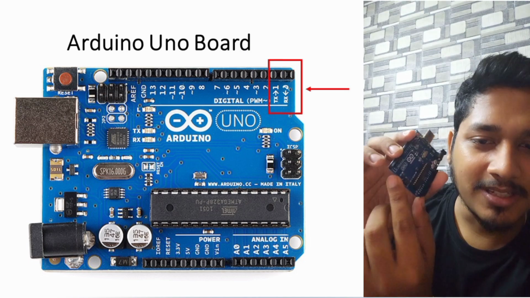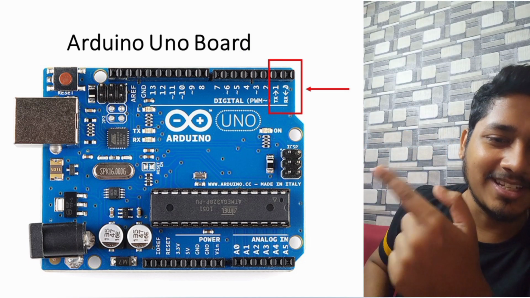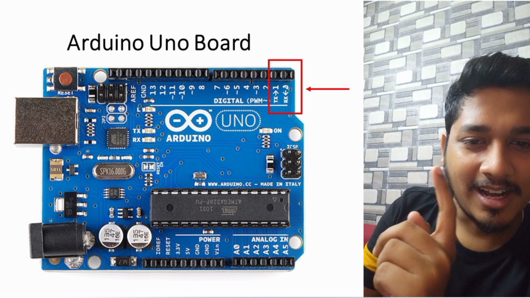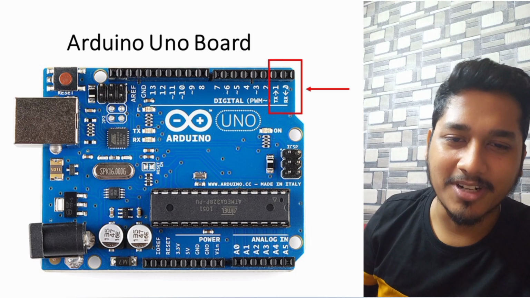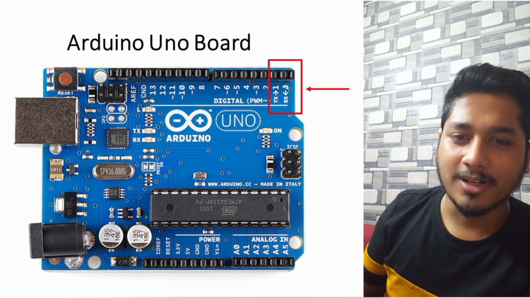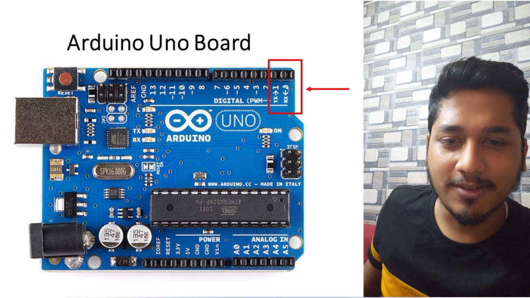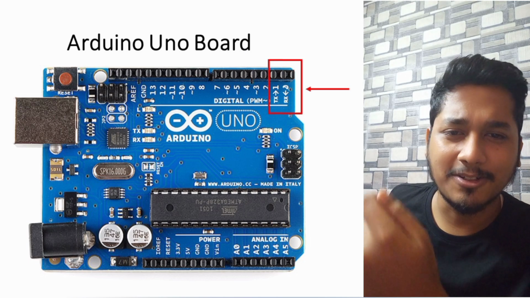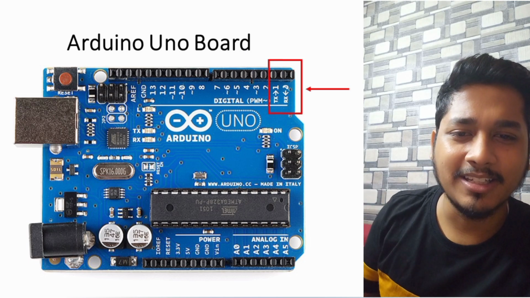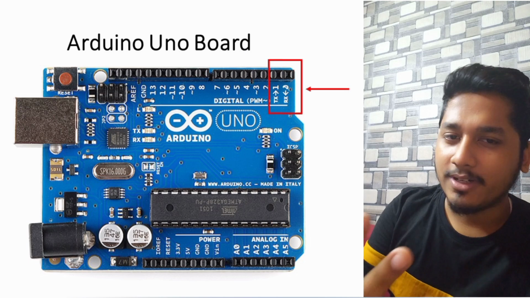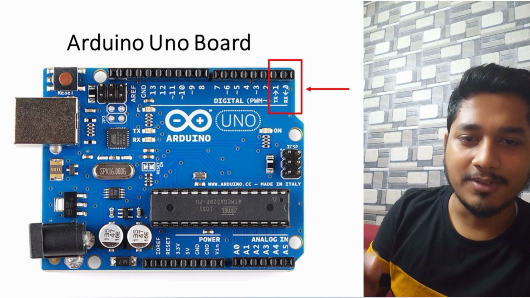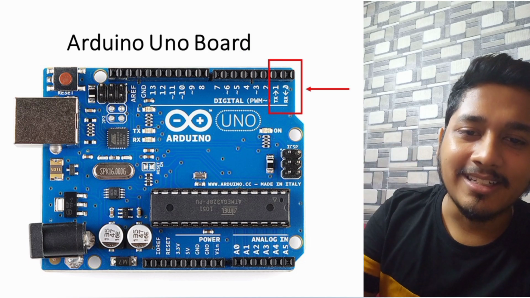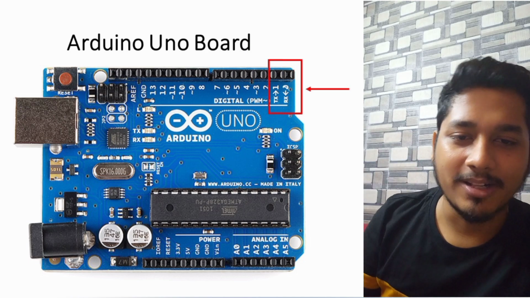You can see there are two pins, the RxD and TxD. RxD is used for receiving data. For example, if we transmit data from the mobile app to turn on the AC or the fan or the light, it will receive data through the RxD pin, and the TxD pin will be used to send data to the mobile phone.